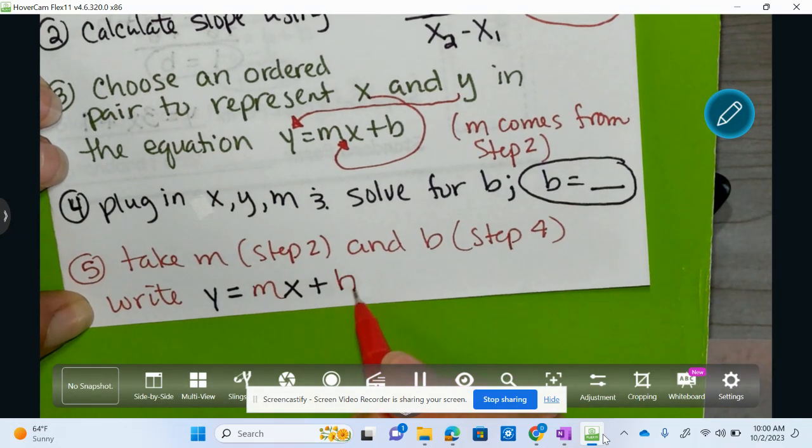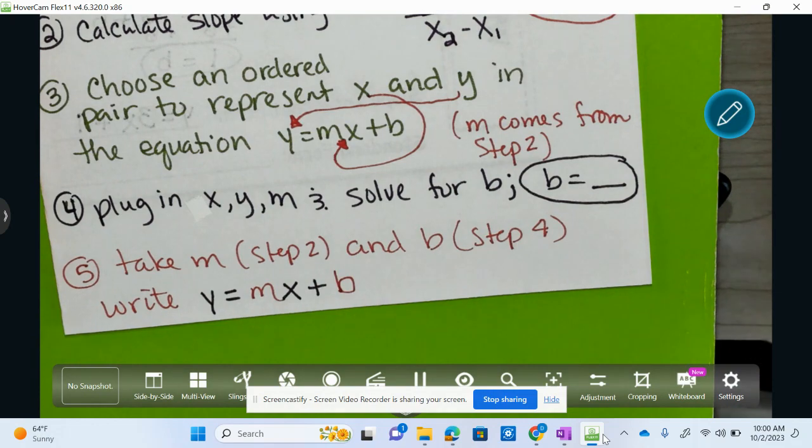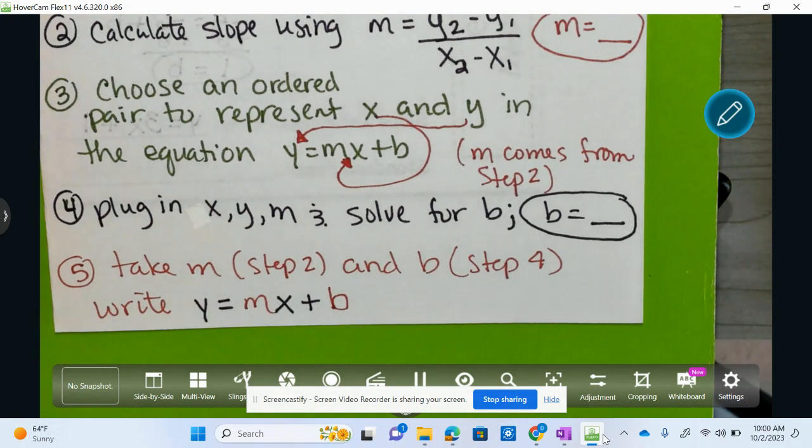Does anyone know why I put m and b in a different color? Can you see that they're a different color?